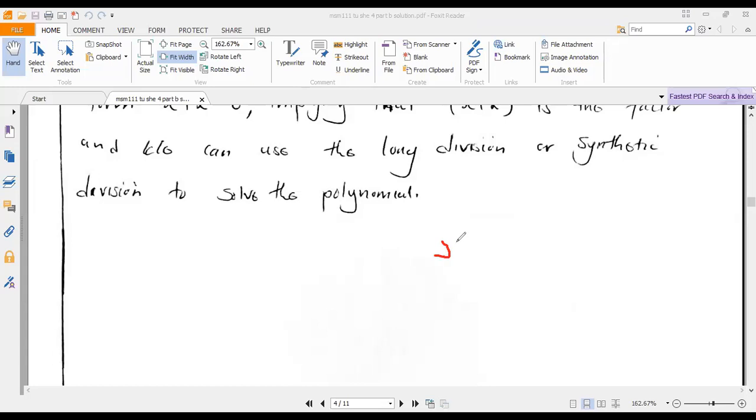You have x plus 2. Don't mind my handwriting. Then here now, you should have something like this. Yes, you have seen it. So that's why you put the whole polynomial, then the x plus 2 to be in this form now. So you can either use this method or the synthetic division to solve this equation. Hope you are now clear, sir.